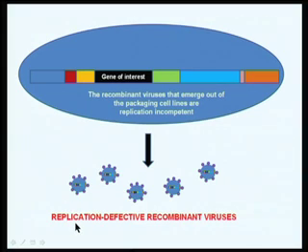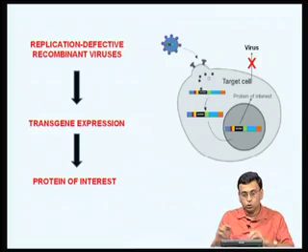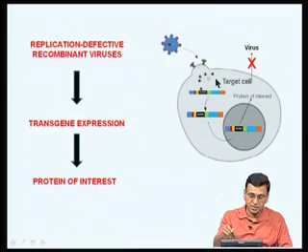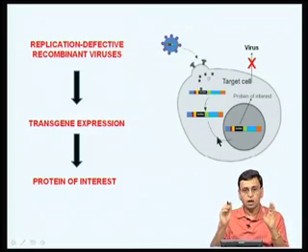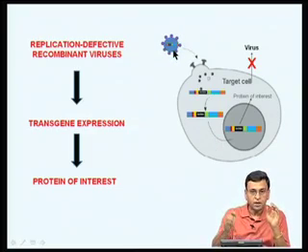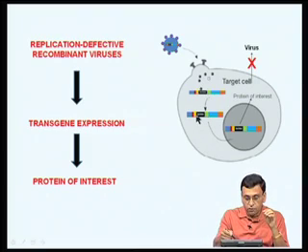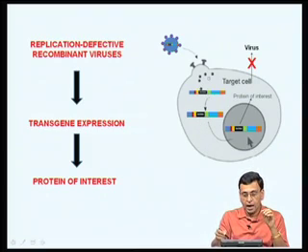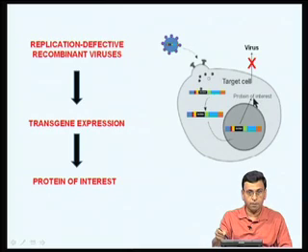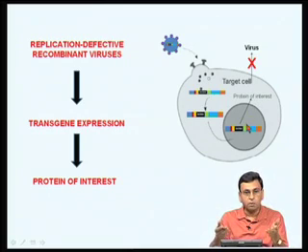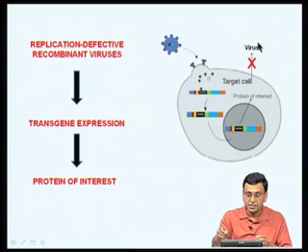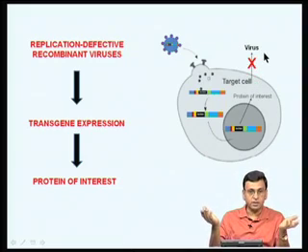Now what do you mean by this? When you take these viruses and infect another cell line, these viruses can go and infect because these cells usually contain specific receptors through which the viral surface proteins interact. Once the virus infects, the viral genome goes inside the cells, but instead of making the viral proteins, your gene of interest will be transcribed in the nucleus and the protein of your interest will be made. But since no viral proteins are being made inside the cells, a virus cannot emerge out of this infected cell.